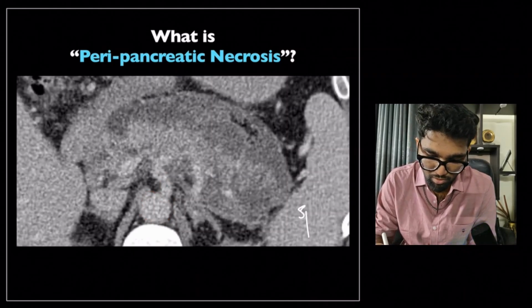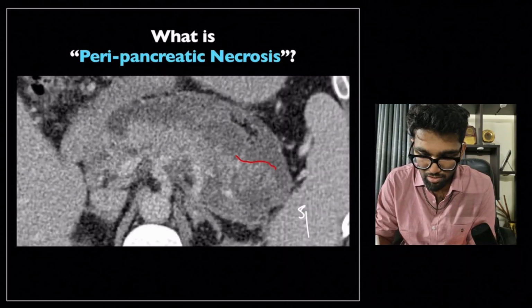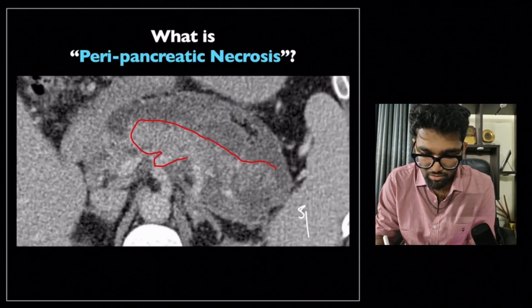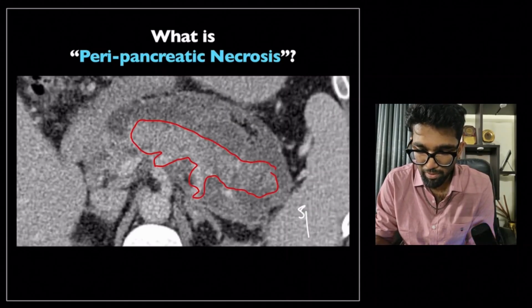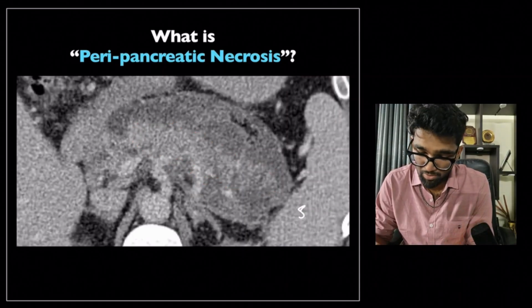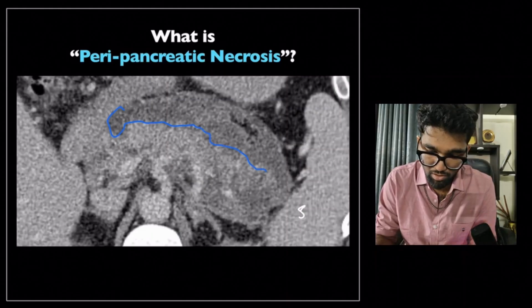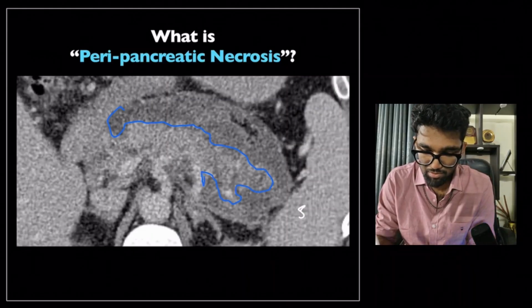Now, importantly, as you can see, there is something within this collection here that is actually the normal pancreas, and it appears to be enhancing reasonably normally. But around it, there is a fluid collection. Unlike the fluid collection that I had described earlier, this collection is a little bit different.